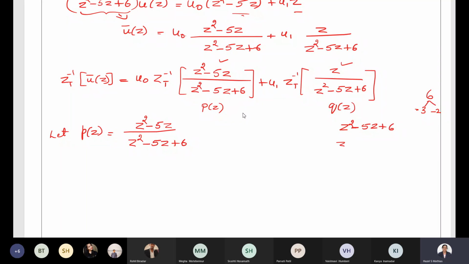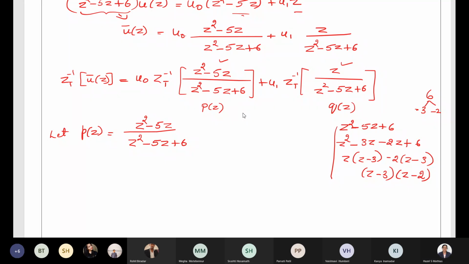So you can write it as z square minus 3z minus 2z plus 6. So it is z into z minus 3, and if you take minus 2 outside, z minus 3. So what are the linear factors? Z minus 3 into z minus 2. Is it okay, everyone? How to split z square minus 5z plus 6 as a product of linear factors? It is like finding the roots. Is it okay?